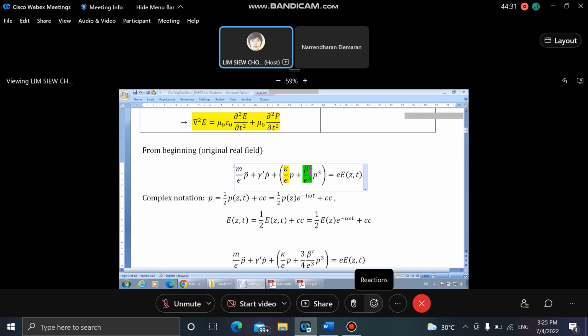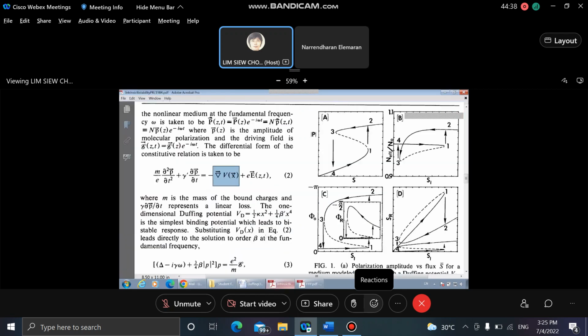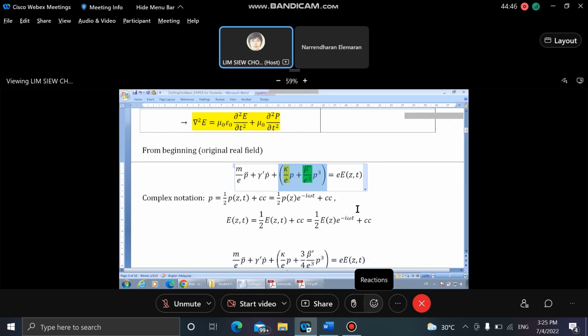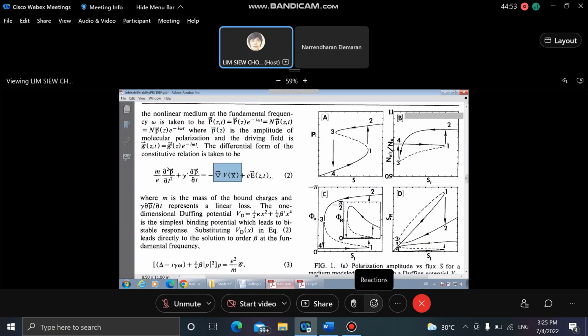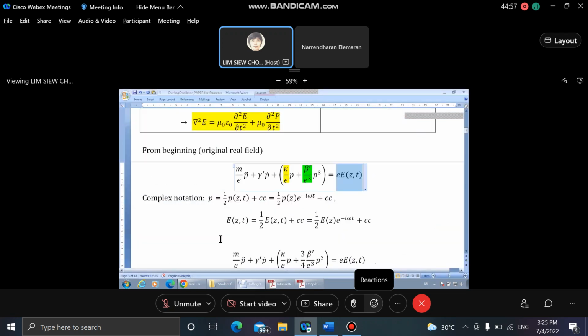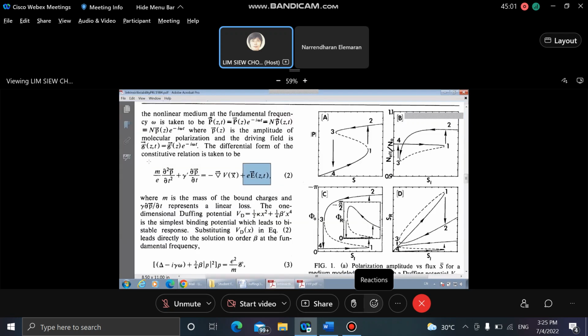After taking the gradient, you have this. This term comes from this term. The minus, you move to the left, you get the positive. So this equation and this equation of the paper are exactly the same.